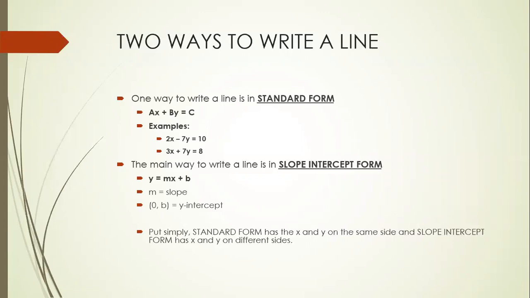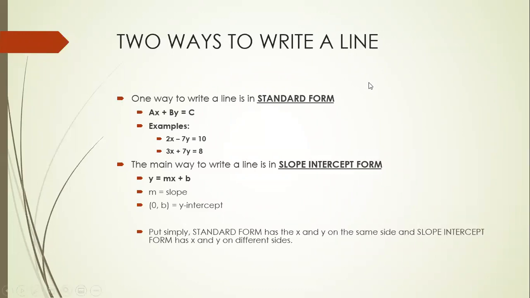So, for example, 2x minus 7y equals 10, or 3x plus 7y equals 8. To put it simply, standard form has the x and the y on the same side, and slope-intercept form has x and y on different sides. That's the main difference between the two.